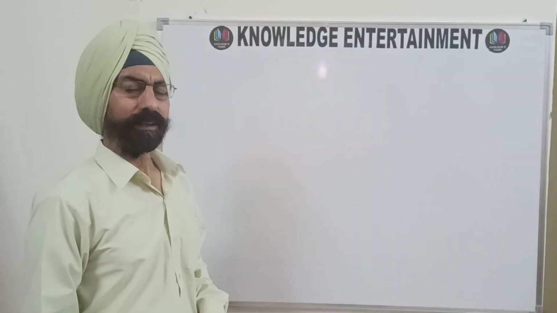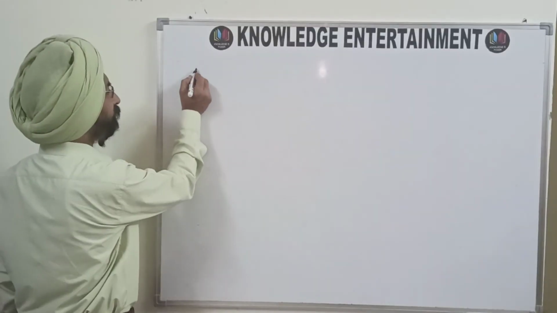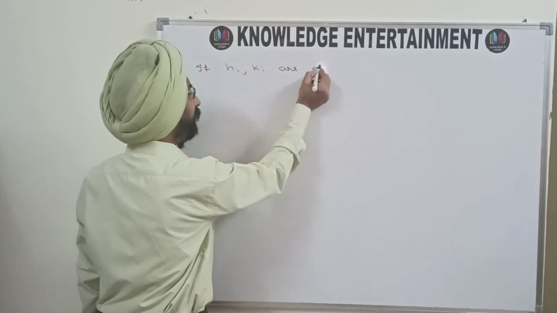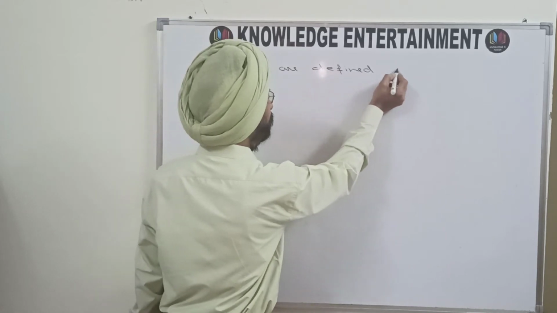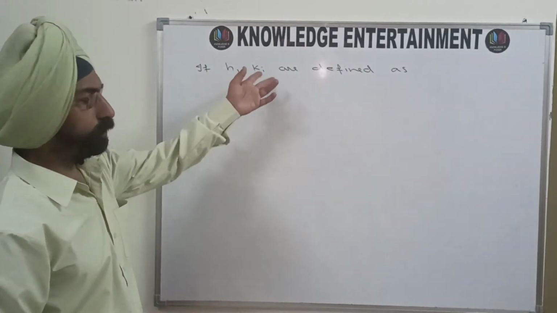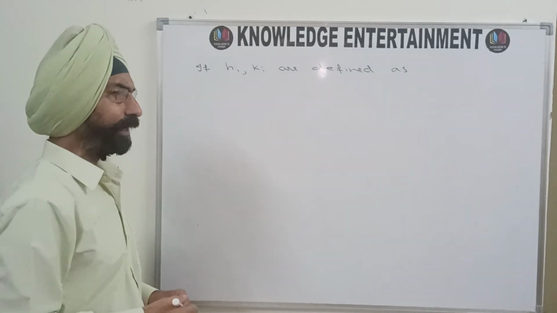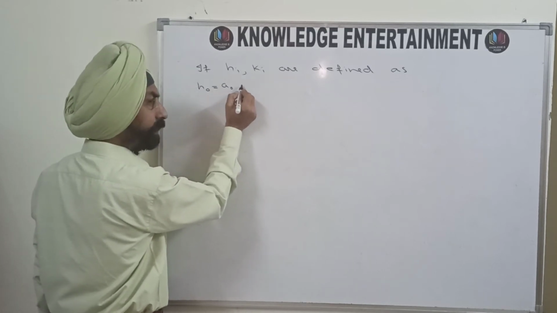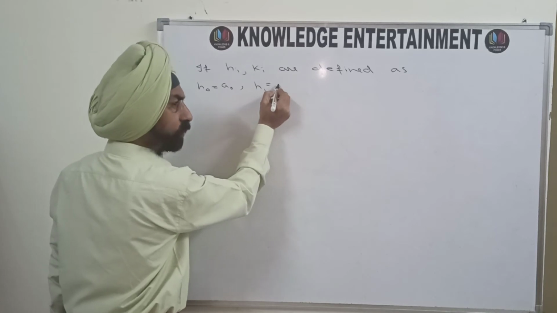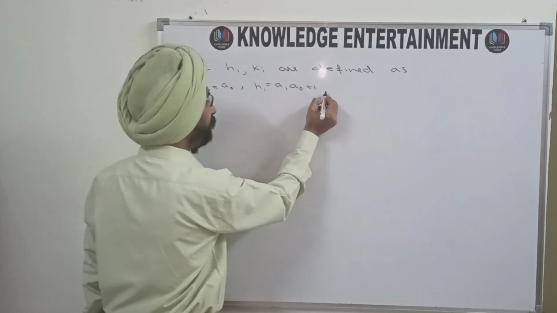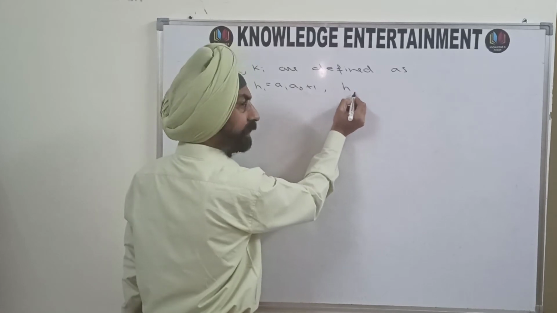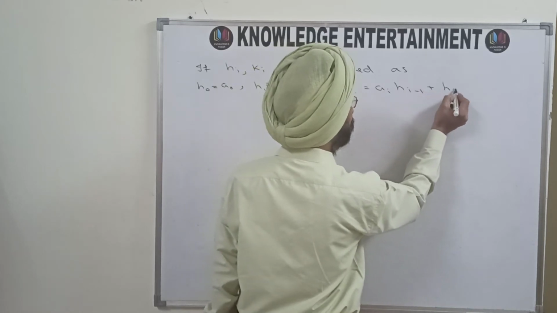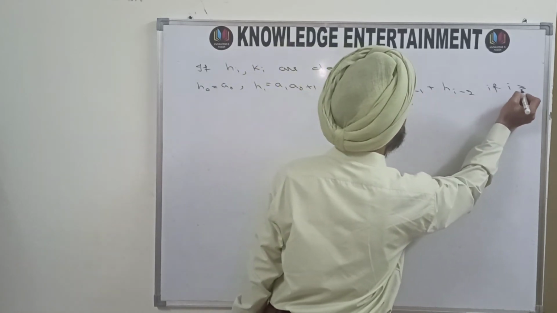And now there is one more term. We are defining some new sequences, hi and ki, as follows: h0 is equal to a0, h1 is equal to a1 a0 plus 1, and in general hi is equal to ai hi minus 1 plus hi minus 2, if i is greater than or equal to 2.